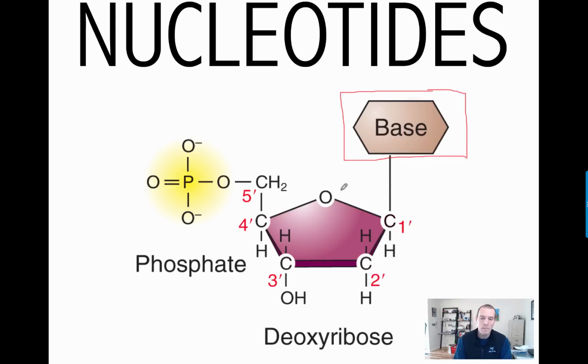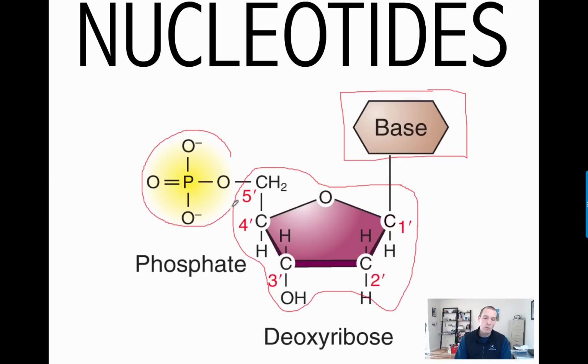We'll come back to that in a moment. And then there is a sugar molecule, and here that sugar molecule is deoxyribose, and we'll compare that to the structure of the sugar in an RNA nucleotide in a moment. And then lastly, there are one or more phosphate groups, and here we're just seeing one. It could be 1, 2, or 3. In the actual DNA molecule or an RNA molecule, we'll only ever see one phosphate molecule.